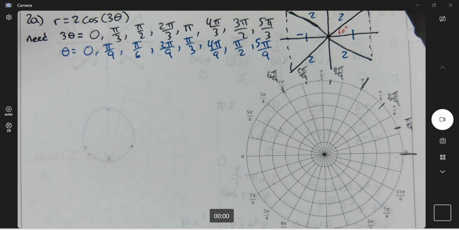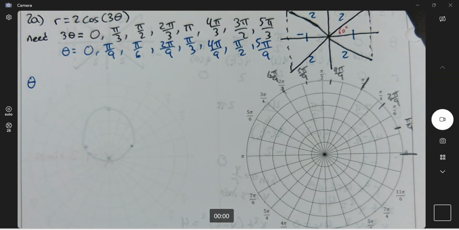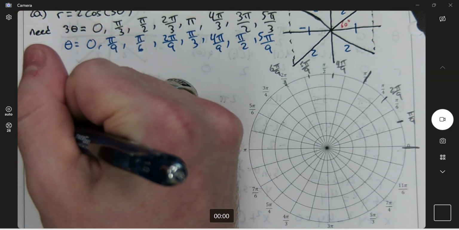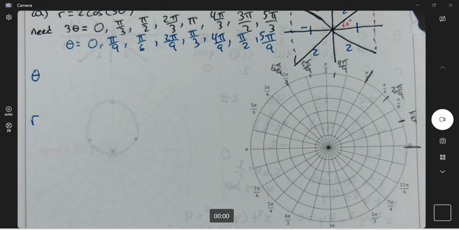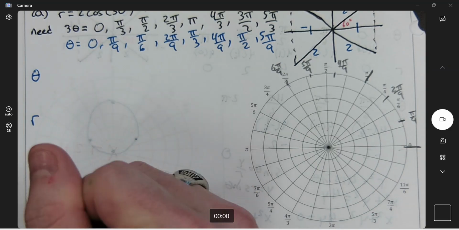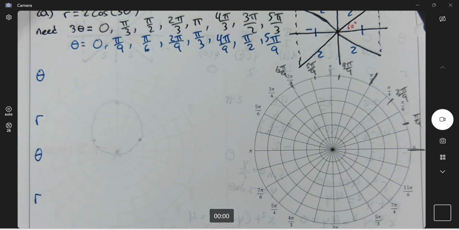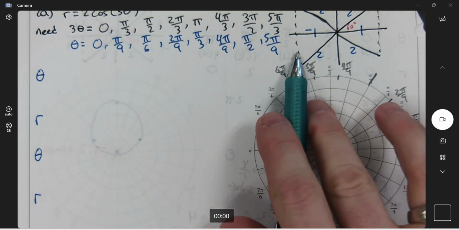All right, now in the future, like I said, there will be a grid here. So hopefully next year's students, when they're seeing this video, already have a grid here for them to fill out. But we've got our thetas that we're going to use. And we'll leave a space for a little bit of work, and the r associated with that theta. That's only going to be 4 of the coordinates, so the other 4 coordinates will happen here, like so. These are our thetas.